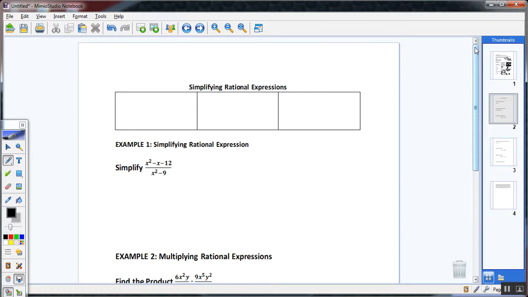Let's roll. Simplifying rational expressions. There's some rules about simplifying rational expressions. I've got to make sure I get them in order here. There's 3 of them.